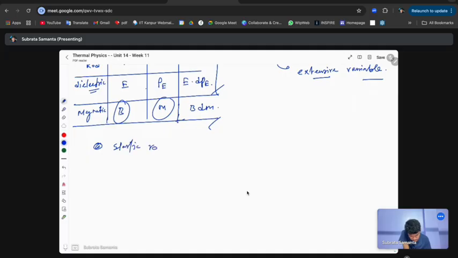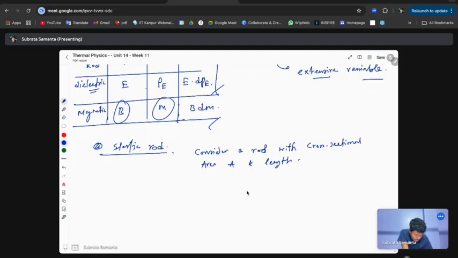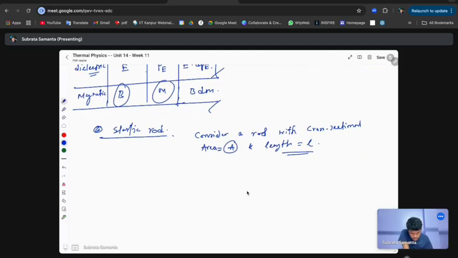So consider an elastic rod with cross-sectional area A and length L. This is your area and this is your length.